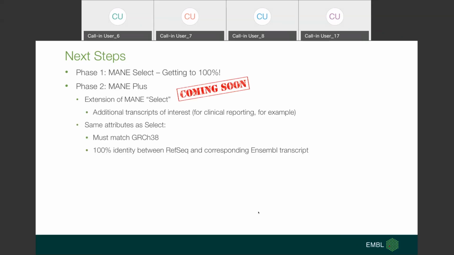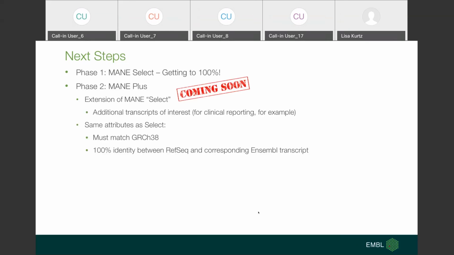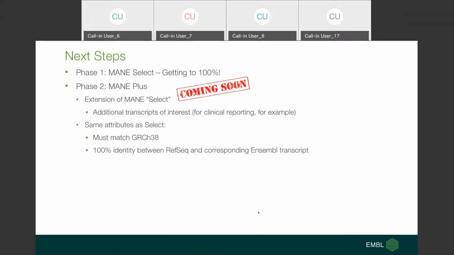This is an extension of Select, but here we are finding additional transcripts of interest, and just like Select, it has to match GRCh38, and it represents a pairing of a RefSeq and an ENSP that are perfectly matched at the UTR, at the CDS, and at both the UTRs and CDS. So this is a way of finding other transcripts that are required and useful in addition to the Select.